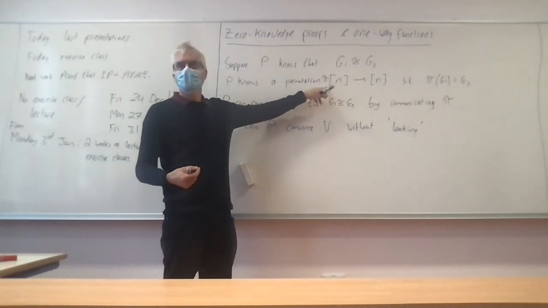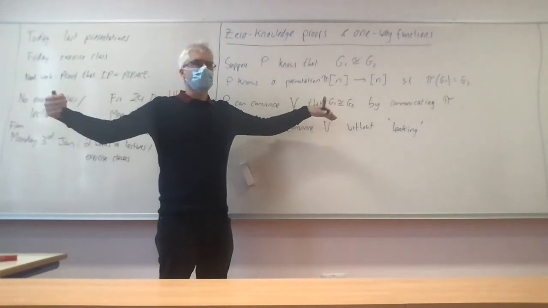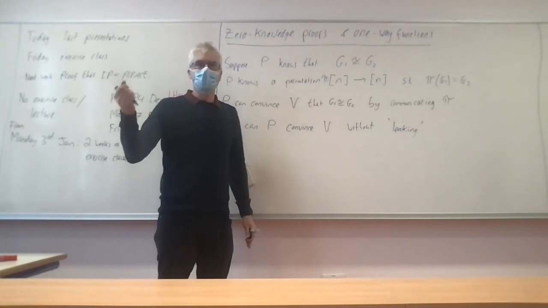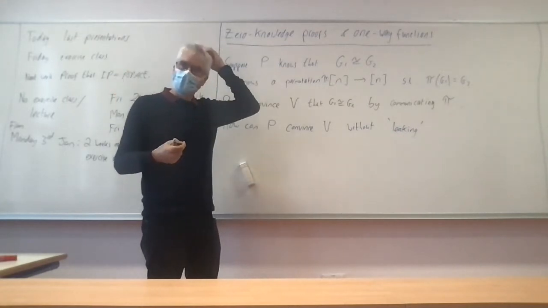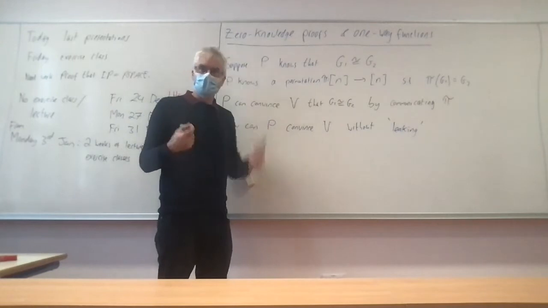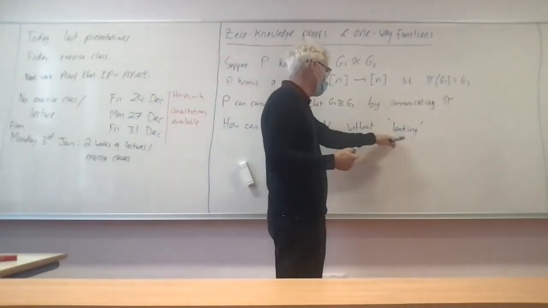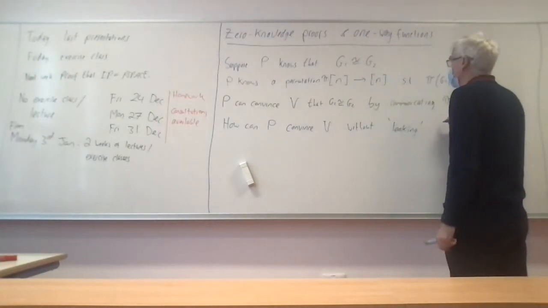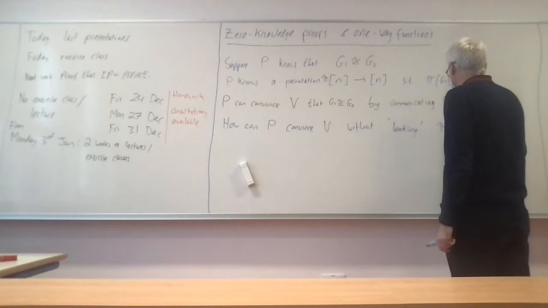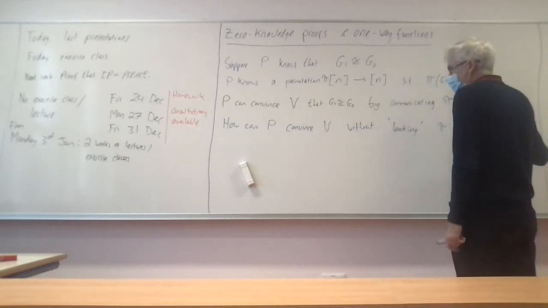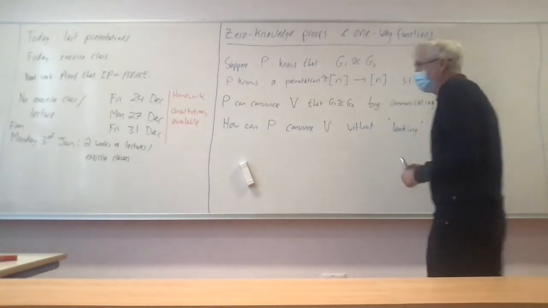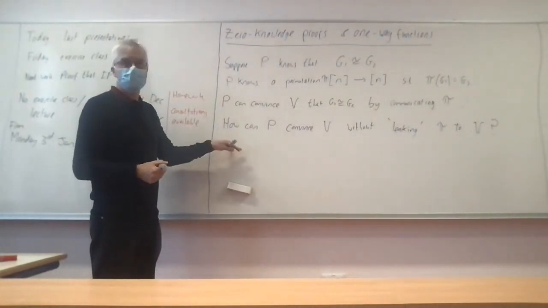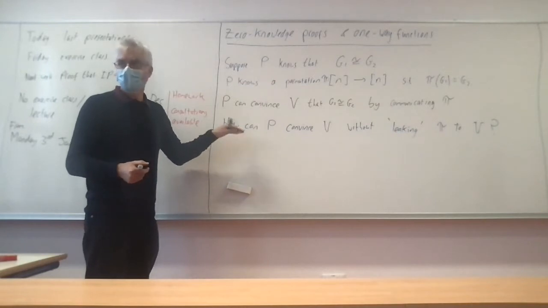These are two very important graphs, and he has discovered that they're isomorphic. He doesn't want somebody else to know the isomorphism, but on the other hand wants to convince them that the graphs really are isomorphic without leaking this secret. Without leaking pi to V, or indeed any other information at all. And this can be done by P using a zero knowledge proof.